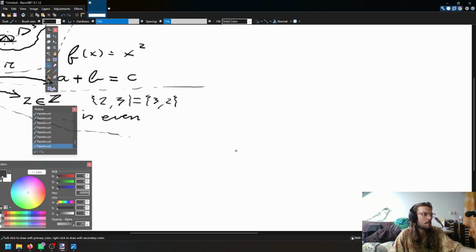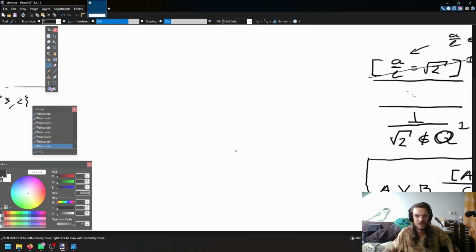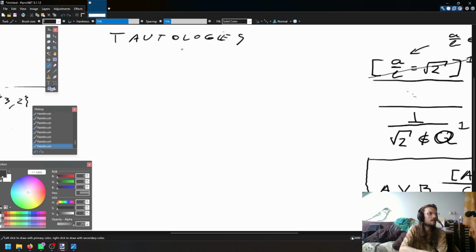But one thing that we hadn't talked about pertaining to logical connectives is tautologies. A tautology is a statement that is always true. Let me give you an example. Given we are not constructivists, not A or A. This is called the law of the excluded middle, and it says that every statement is either true or false.